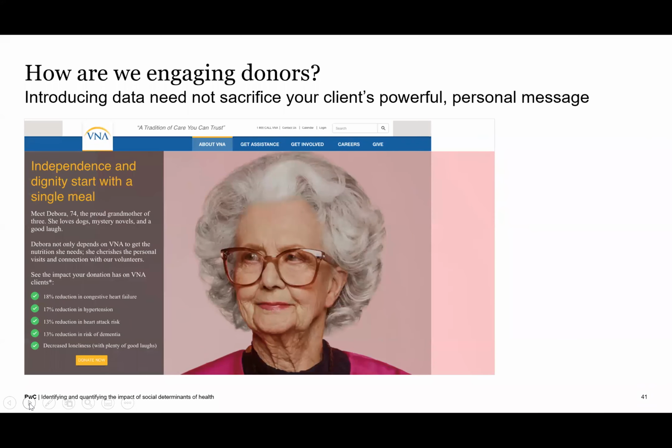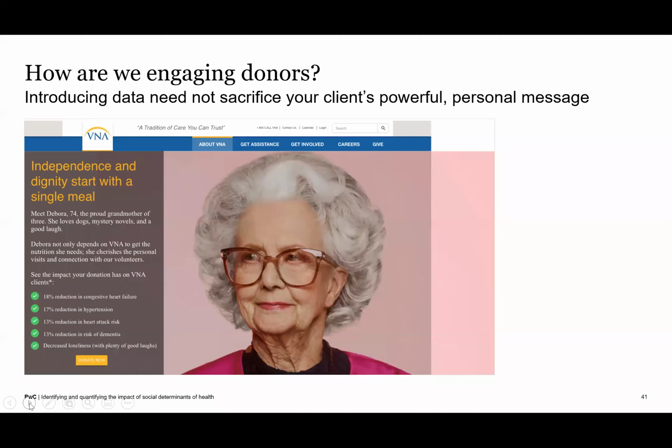Part of the way we're using this, and if you go to our website you can see a couple of these slides, is not only in asking for donations. We use it to talk about the agency now. We've shifted a little away from just talking about the intrinsic piece and more about the value. But for us, it always goes back to the client.